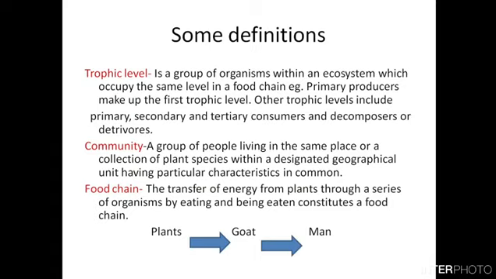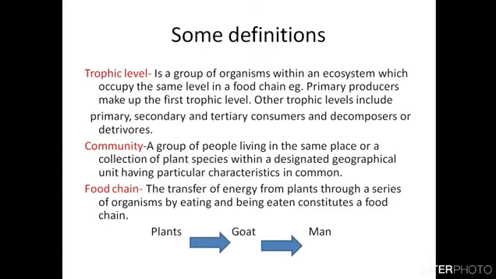Then we have community. Okay, the definition of a community. The community is a group of people living in the same place. That means if you take a group of people living in Darjeeling, we call them a community. If you take a group of people living in Kagjora, we say the community of Kagjora, and so on.